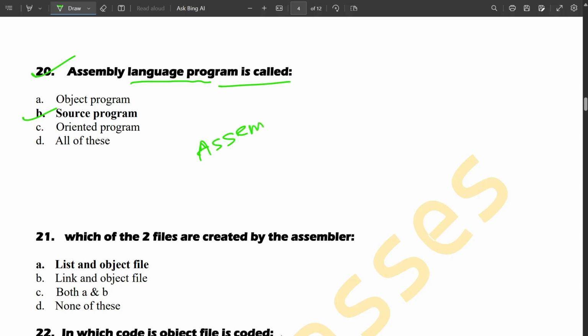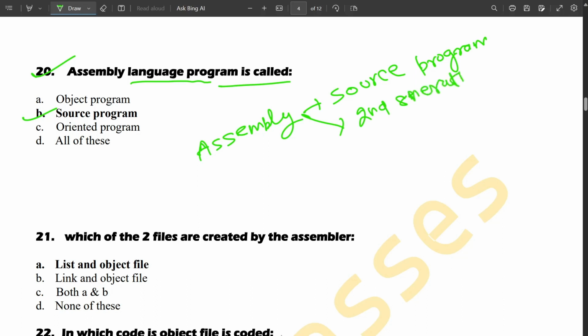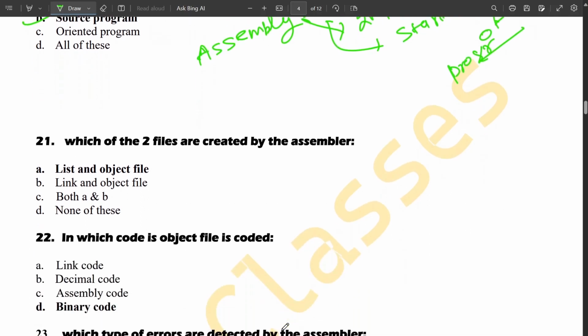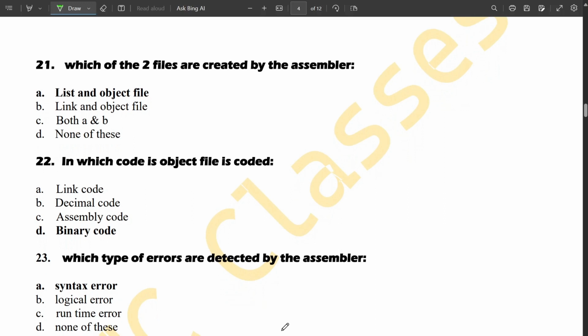An assembly language program is also called a source program, and this is from the second generation, and this is also called the starting point of programming. Next, which two files are created by the assembler?